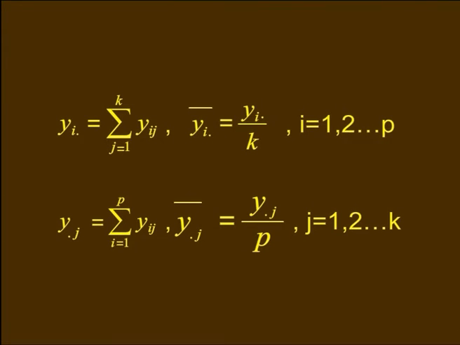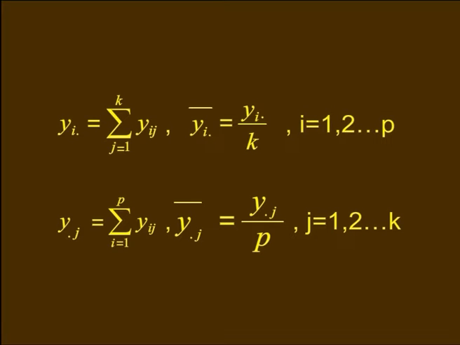These terms are explained as follows: Yi dot is equal to sum of all the values receiving the ith treatment for all the k cells, that is summation j is equal to 1 to k Yij, and Y bar i dot is the average of ith treatment, that is Yi dot by k, i is equal to 1 to p.